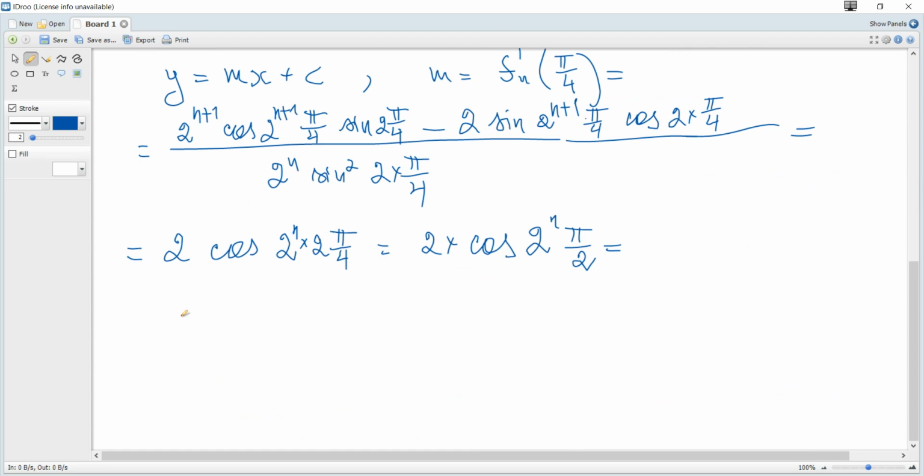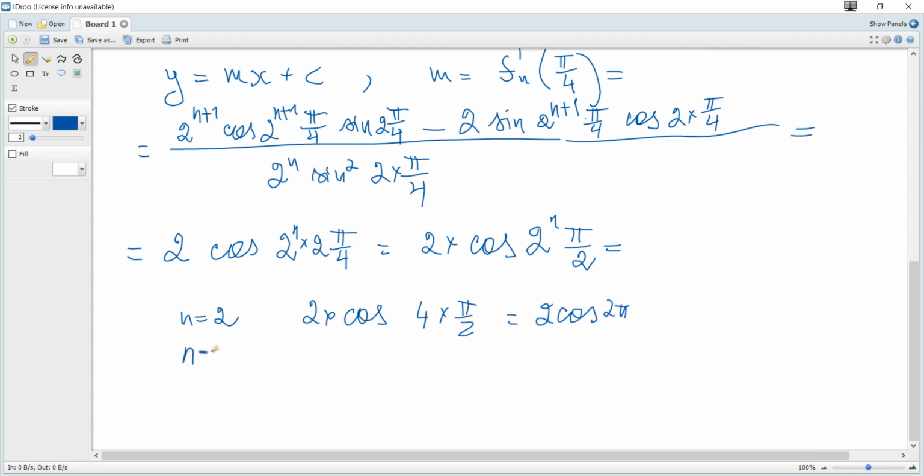Since n is greater than 1, let's consider when n is 2: we get 2 multiplied by cosine of 2 to the power of 2, which is 4, multiplied by pi over 2, so cosine of 2 pi.